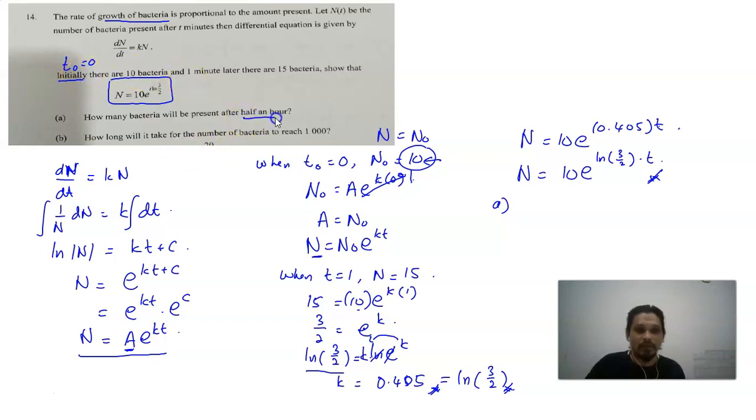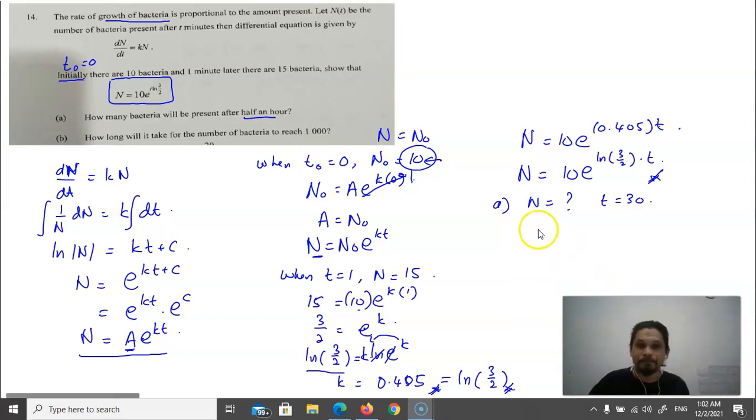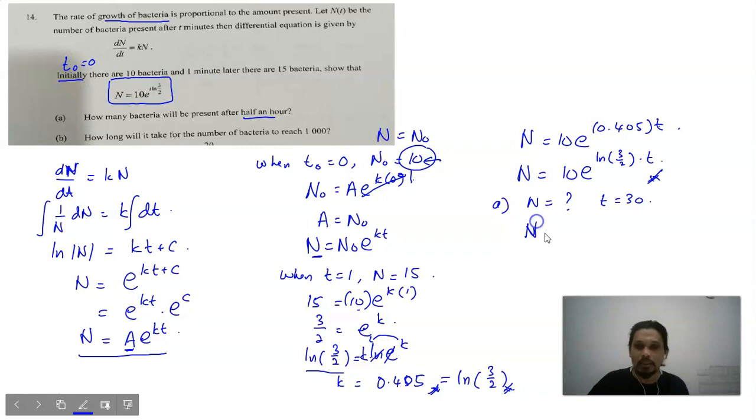So half an hour means the current N after T equal to 30. N equal to 10 e power of natural log of 3/2 times T, with T equal to 30.